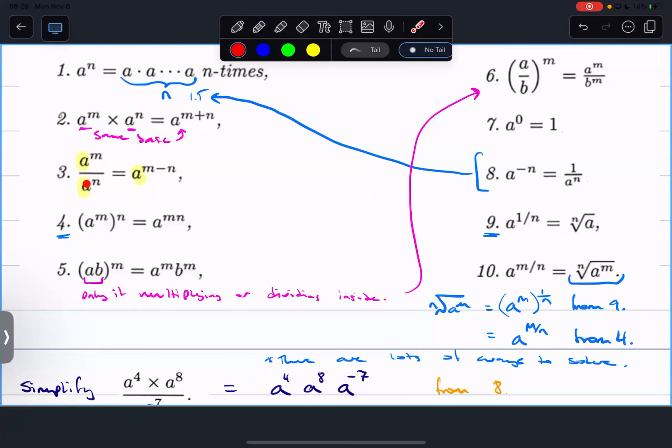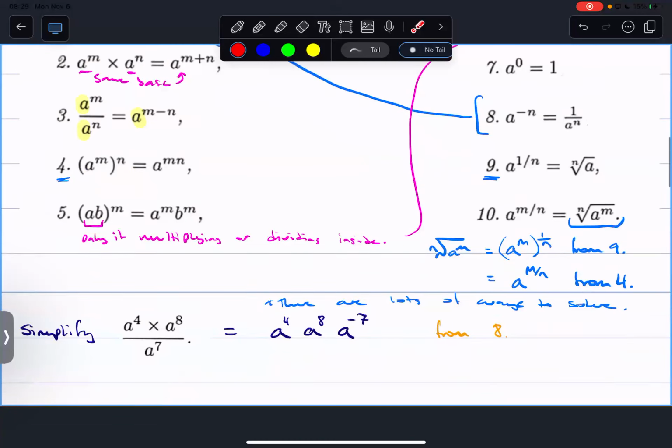So they're a little bit incestuous around here in the sense that, well, what are you using here? A to the power of m over a to the power of n. You're rewriting a to the power of n as a to the negative n from here. And then you're multiplying, but when you're adding a negative number, it becomes subtraction. So you could do without this rule because it's just a special case, right?